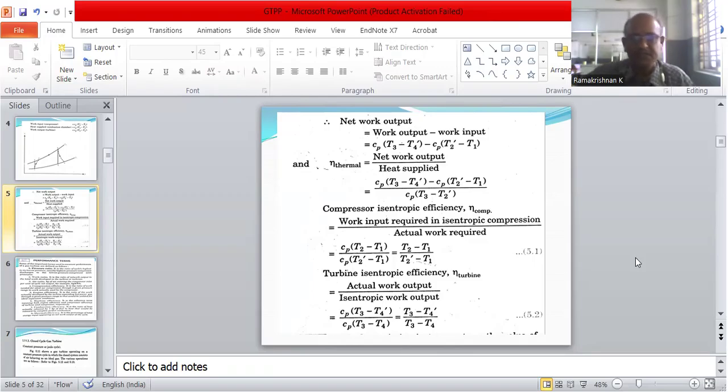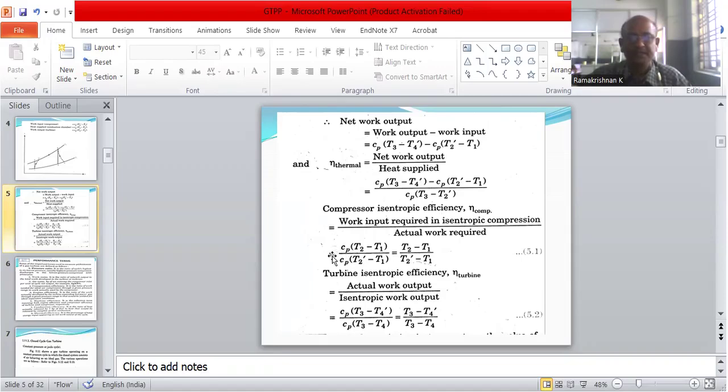Now the next two formulas deal with the isentropic efficiency of the compression and expansion. As far as the compression is concerned, the isentropic efficiency of the compressor is defined as the ratio of the isentropic work input to the compression divided by the actual work required.